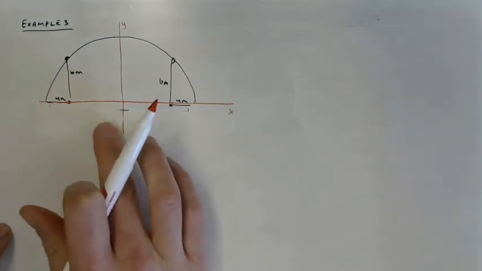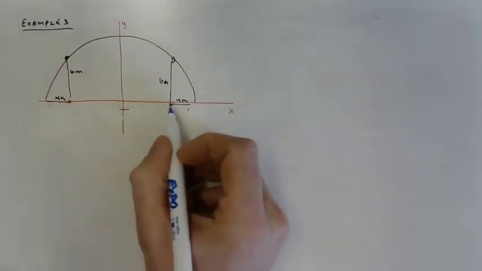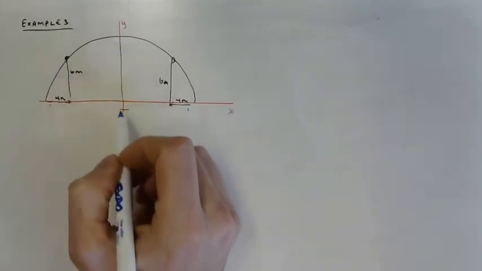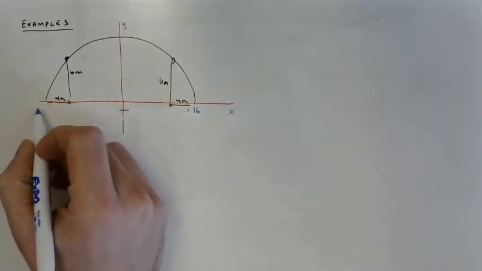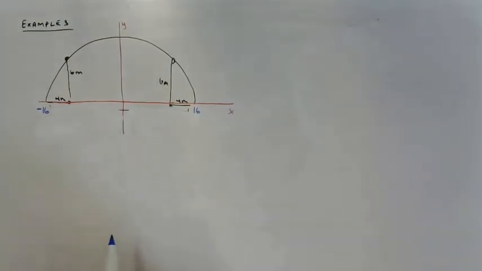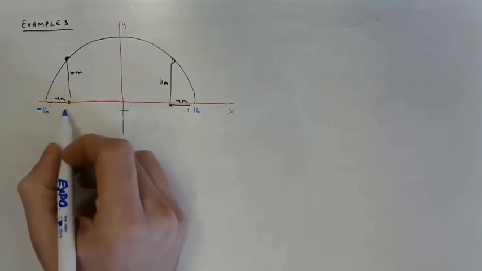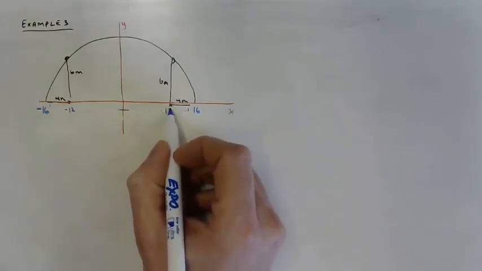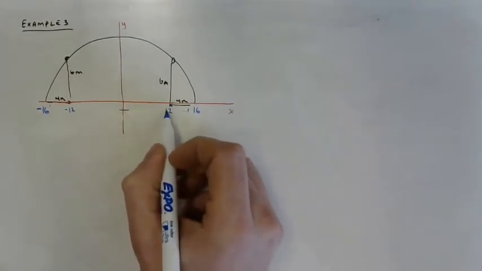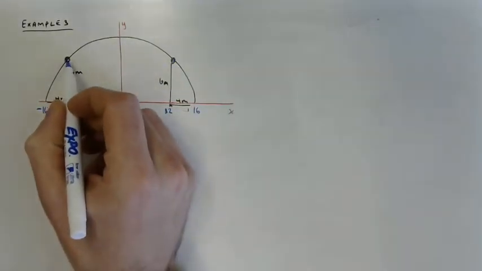And now we have some even more specific information about the graph itself. If we know it's 32 meters wide and that it's symmetrical about the y-axis, then we know this is an x value of 16, and this is an x value of negative 16, which tells us that this point right here, 4 meters back, is an x value of negative 12. Right here we have a value of positive 12, which also gives us the coordinates of these 2 points.